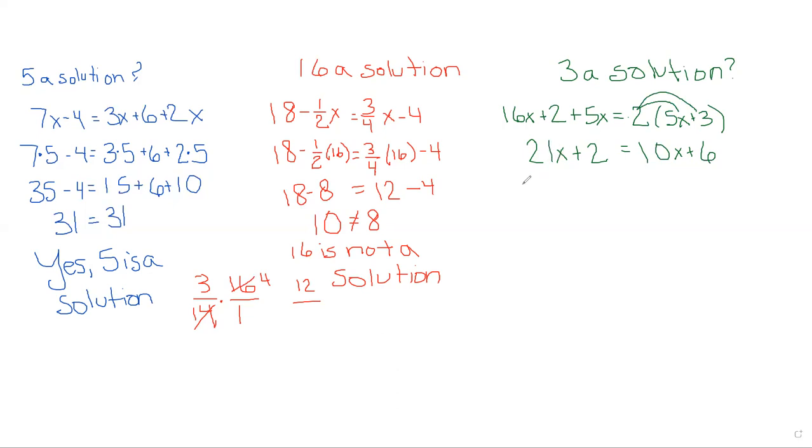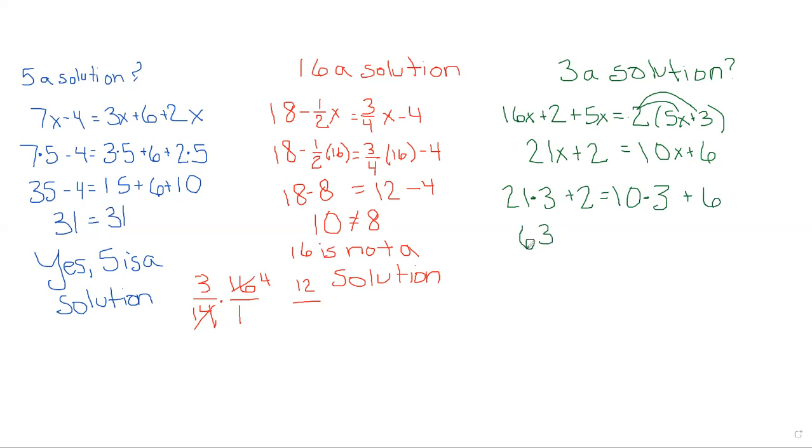So 21 times 3 plus 2 equals 10 times 3 plus 6. Let's see, what's 21 times 3? 1 times 3 is 3, and 20 times 3 is 60.